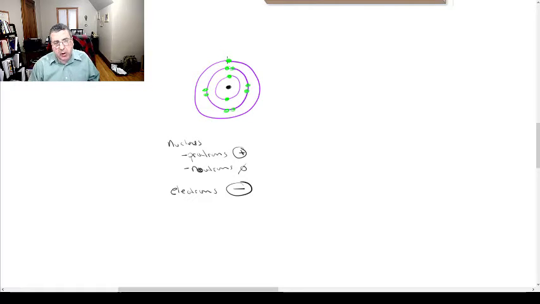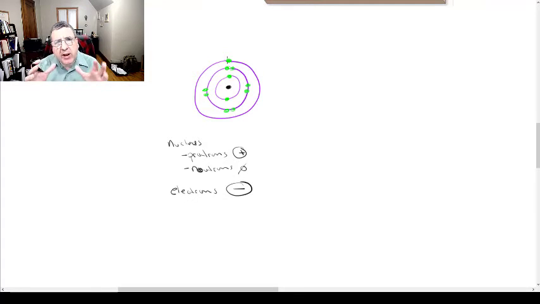So if you count up all those green dots, for sodium, there's 11 electrons. This represents an electrically neutral atom. You have 11 electrons, or 11 negative charges. You have 11 protons, or 11 positive charges. So 11 minus 11 gives you 0, okay?